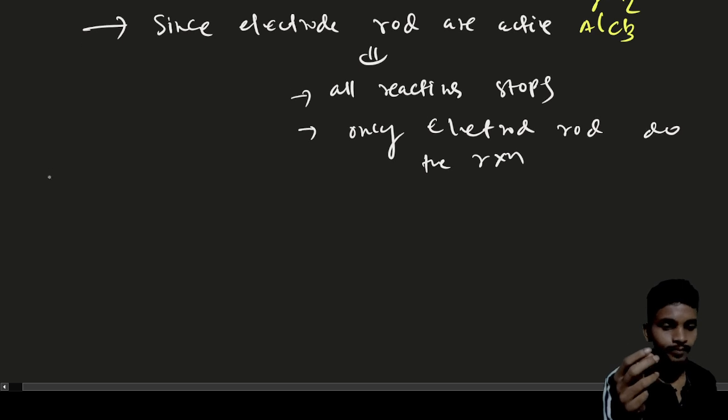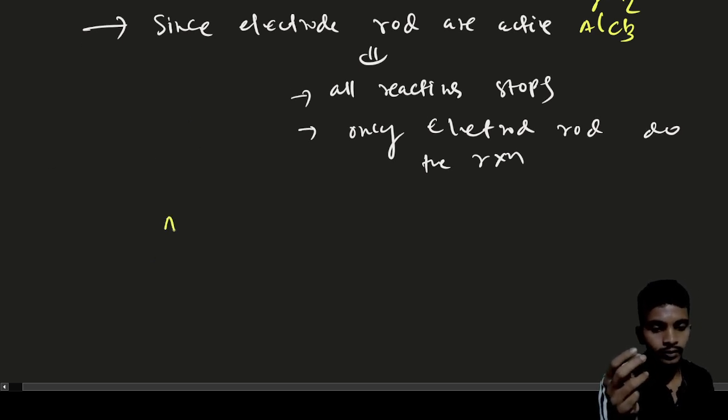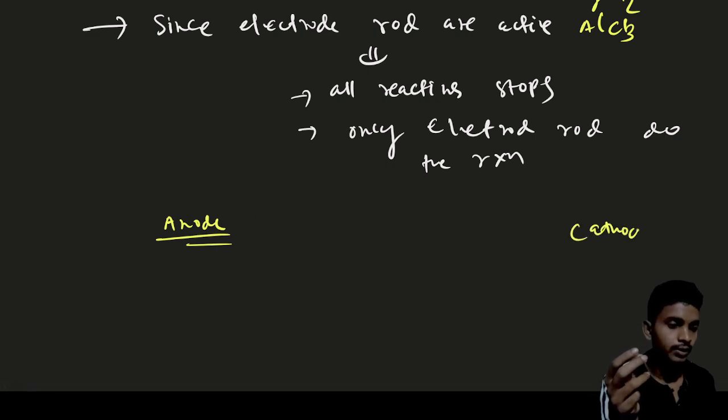What does it mean? It means oxidation happens at the anode and reduction happens at the cathode.